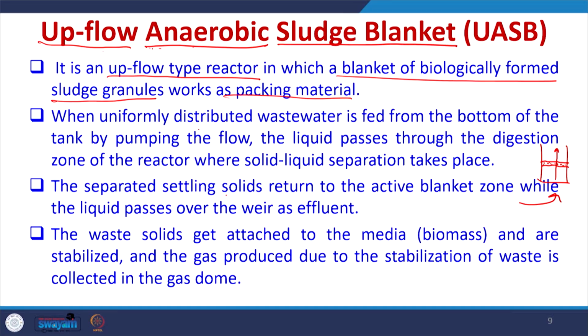When uniformly distributed wastewater is fed from the bottom of the tank by pumping, the liquid passes through the digestion zone of the reactor where solid-liquid separation takes place, and the separated settling solids return to the sludge. Some amount of solid may be carried over, but a solid-liquid separation unit is there, and when this happens, the sludge returns back to the blanket. So, this is there.